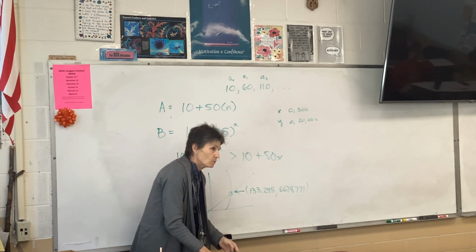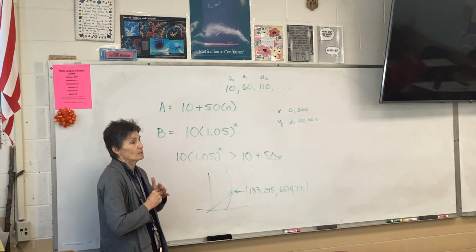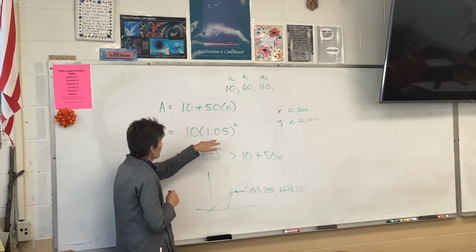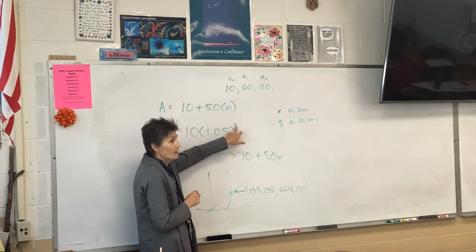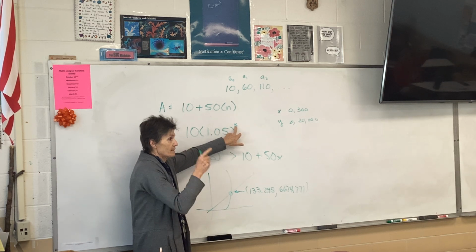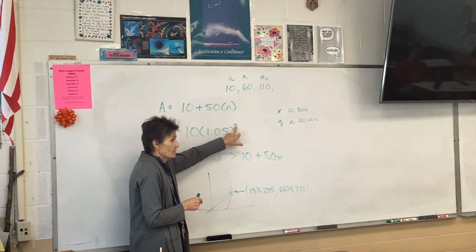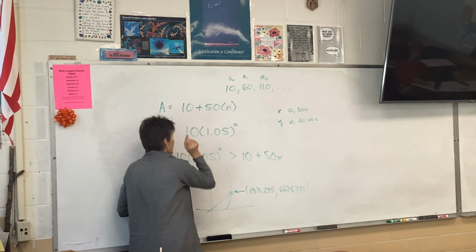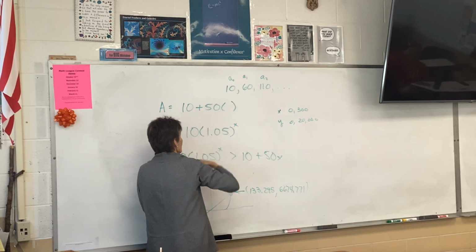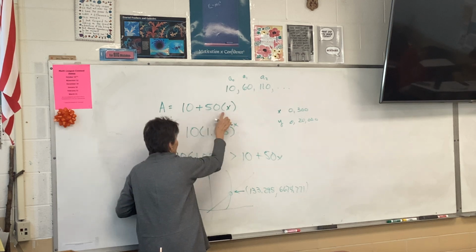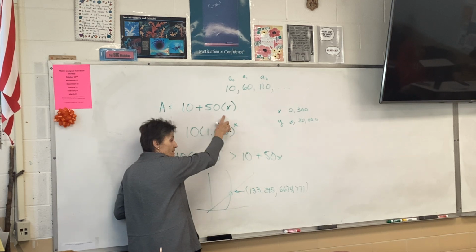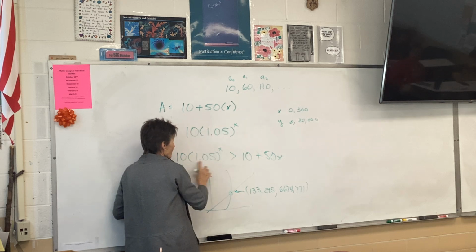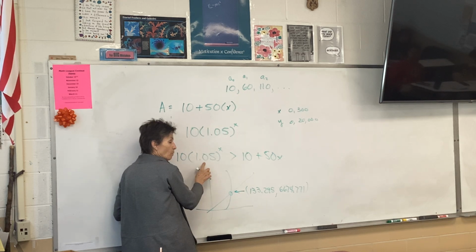Okay, now remember the way I set up my equations, you guys. Remember, this was on the X day. So remember, after day one, it was 60. After day one, it was 10 times 1.05.